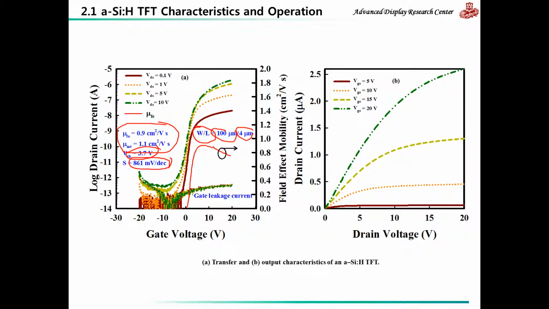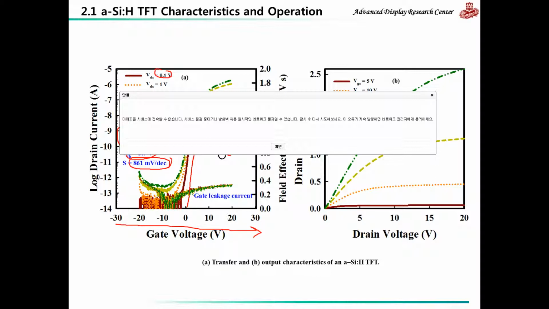And as you can see in the left hand side figure, when we measure the transfer characteristics, we sweep VG and we hold the drain voltage at a specific voltage. So this is the transfer characteristics at a drain voltage of 1 volt.